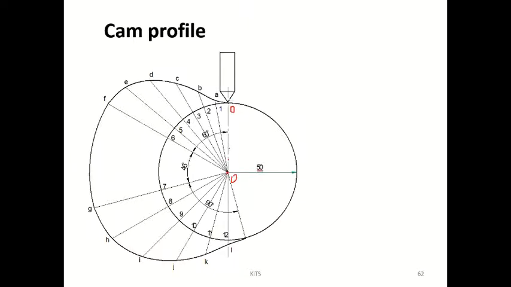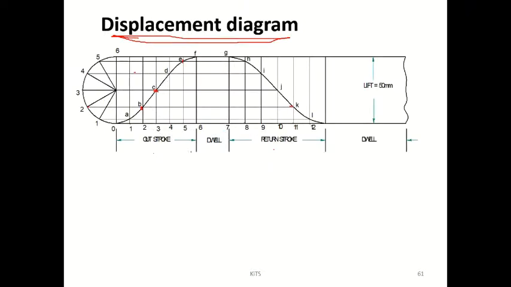Now, how you have divided this 60 degree in the displacement diagram? 10 degree, 10 degree. You have to divide the 60 into 6 parts, 90 into 6 parts.